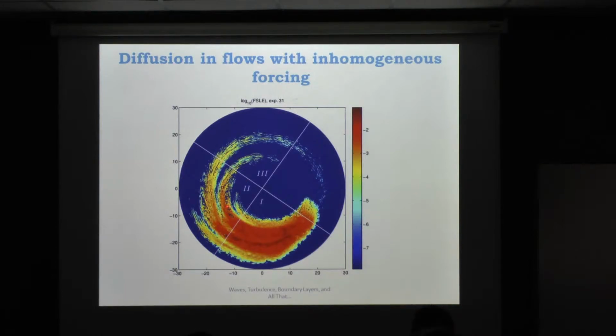What we see here is more than just a picture, because the way the finite scale Lyapunov exponent depends on the separation determines the diffusion regime. It may be Richardson diffusion regime or Taylor diffusion regime. One has variable diffusivity, and the Taylor has constant diffusivity.